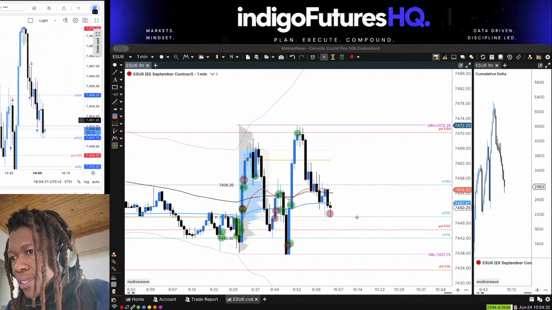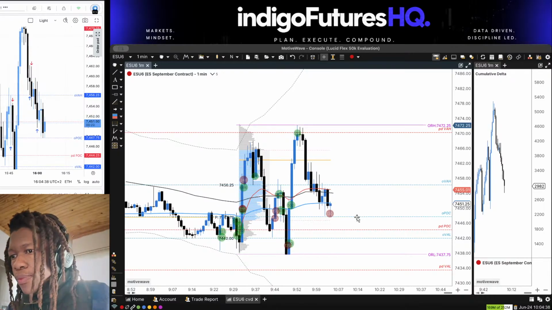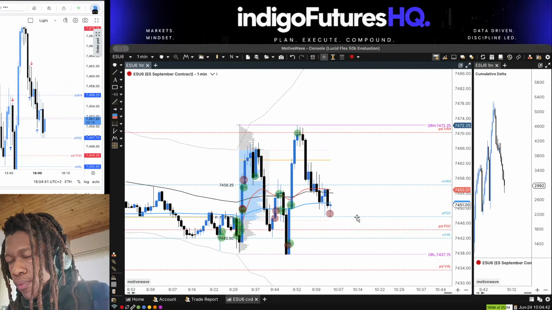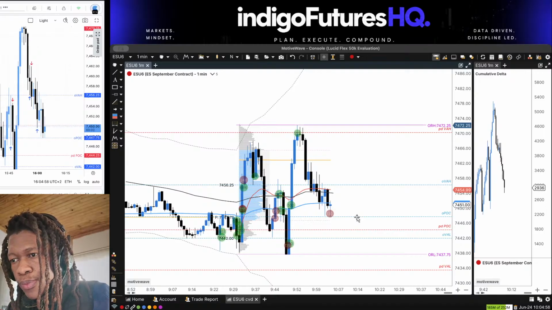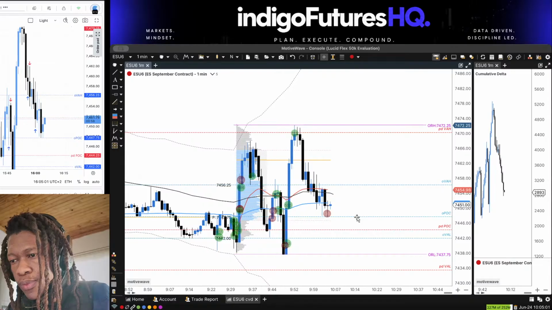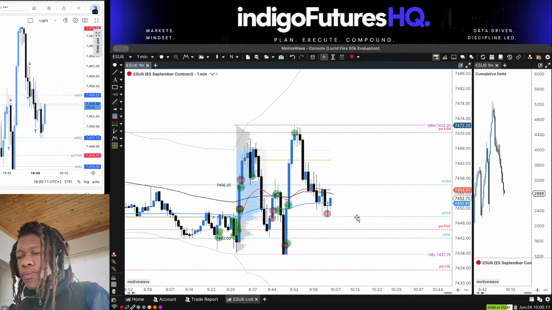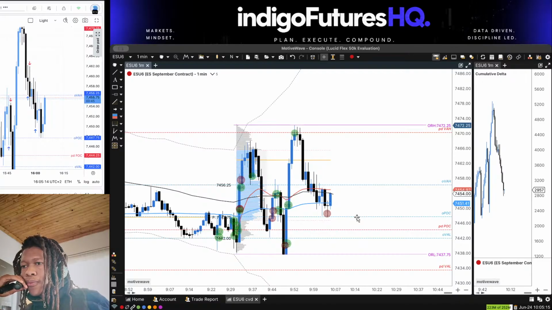So are we lagging again? No, we ain't. Nice rejection there up from the overnight point of control. Very clean off the overnight point of control.